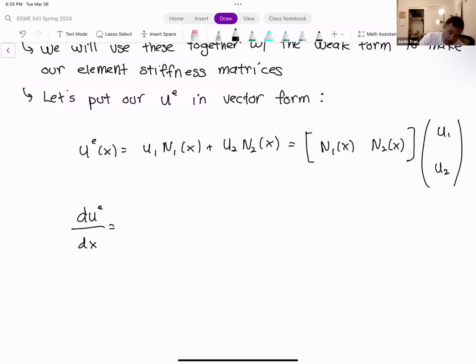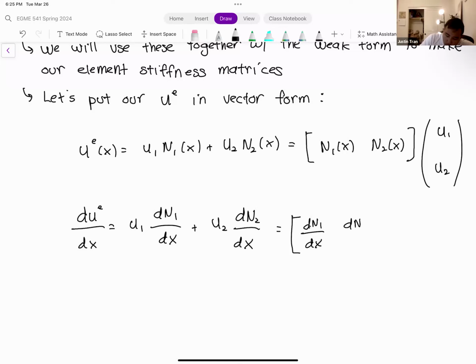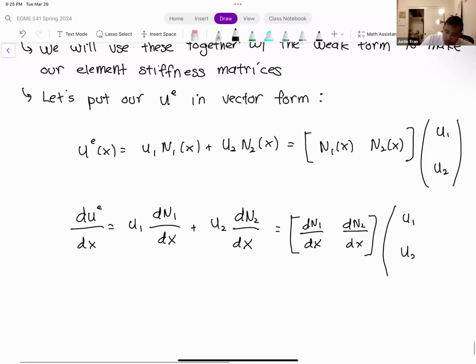This is going to be U1 dN1/dx plus U2 dN2/dx. Once again, we can put this in vector form: dN1/dx, dN2/dx as a row vector, multiplied by U1, U2.